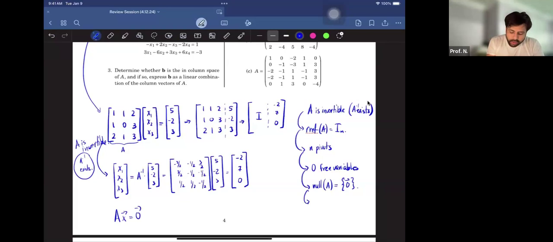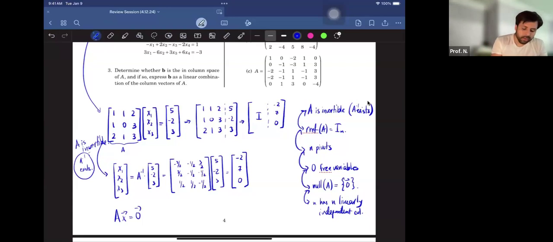So all of a sudden, all these things work out. It has n linearly independent columns, and so on and so forth. All these things are equivalent. If I have n linearly independent columns in an n by n matrix, then the null space is 0, then it has 0 free variables, then it has n pivots, then its row reduced echelon form is the identity, then it's invertible. All these things are the same.